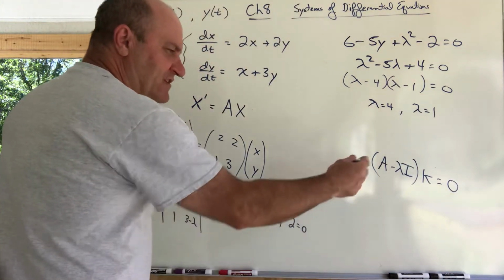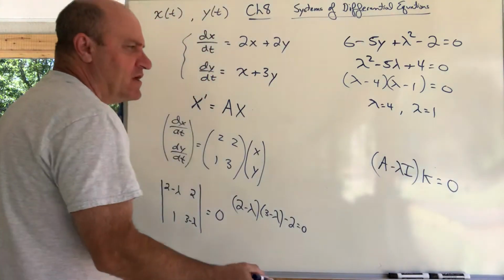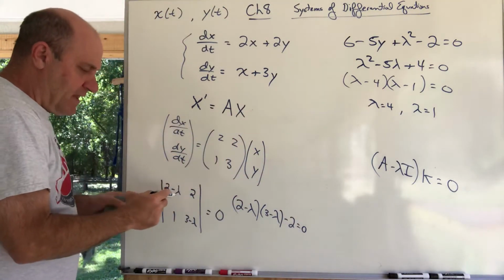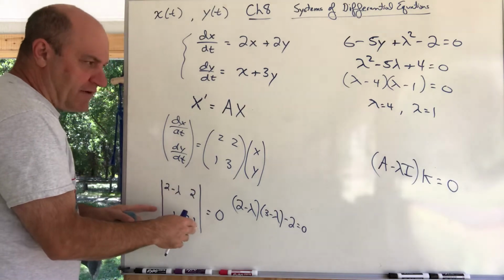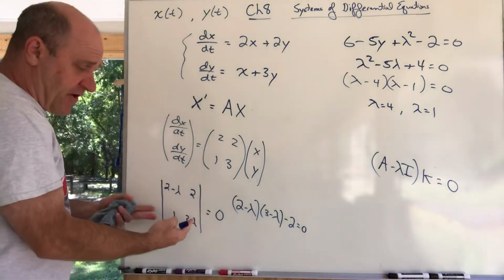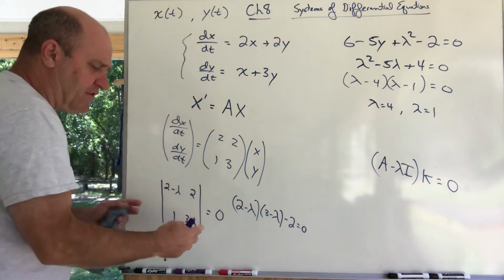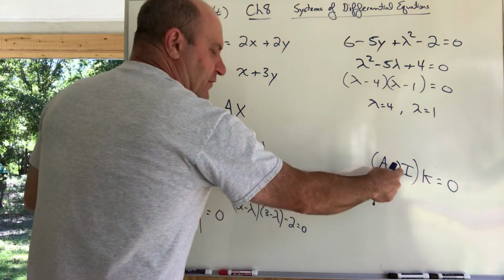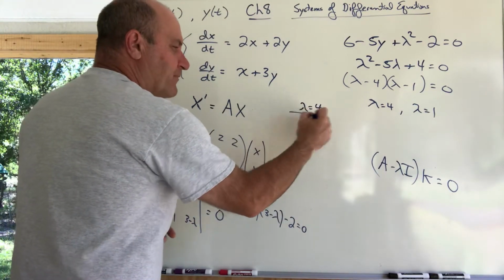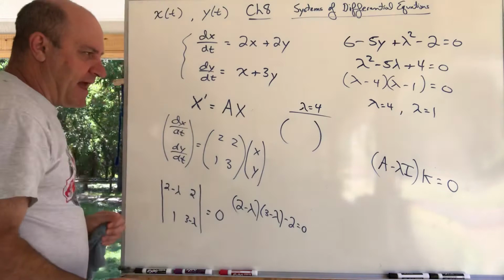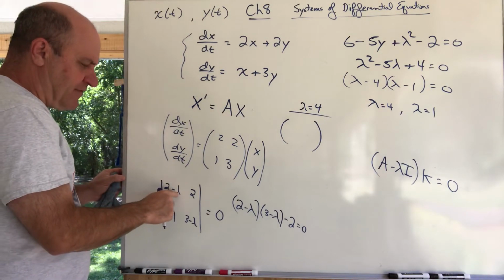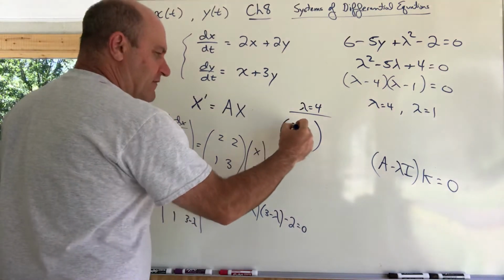So that's true, and this will help me find K. When I plug this lambda back in here, don't treat it like a determinant, treat it like a matrix, A minus lambda I. So for lambda equals 4, A minus lambda I turns into: subtracting lambda, 2 minus 4 is a negative 2.